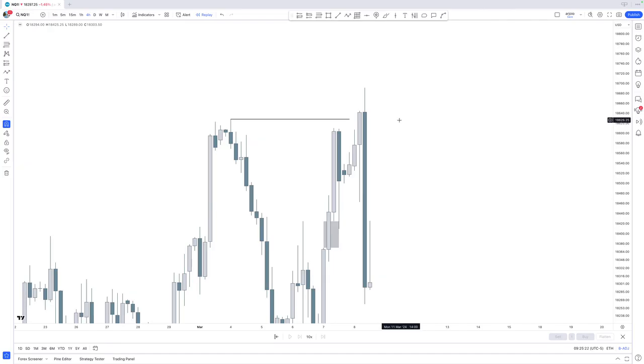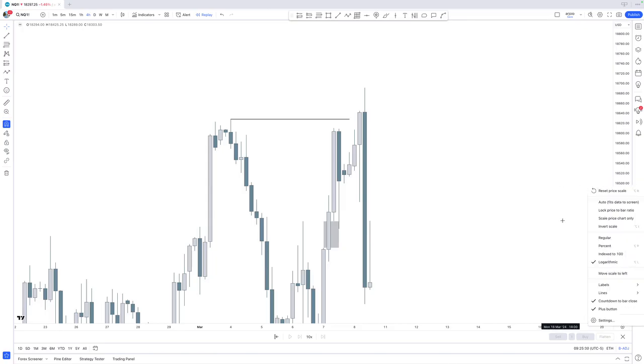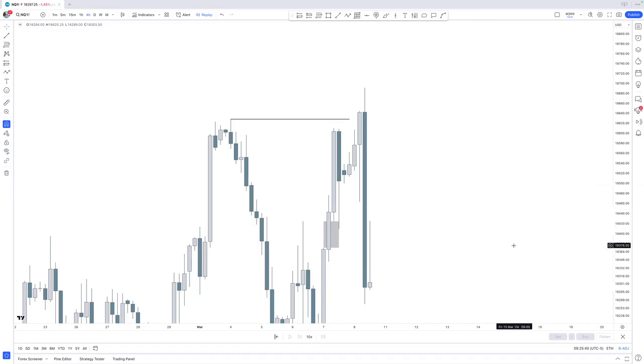Let's see. It looks like you are using logarithmic scale. Any reason for that? No, there's not really a reason for that, to be honest. I've just always had it unconsciously, so I was not even aware of it. Let's see. Fib extensions is like throwing darts.